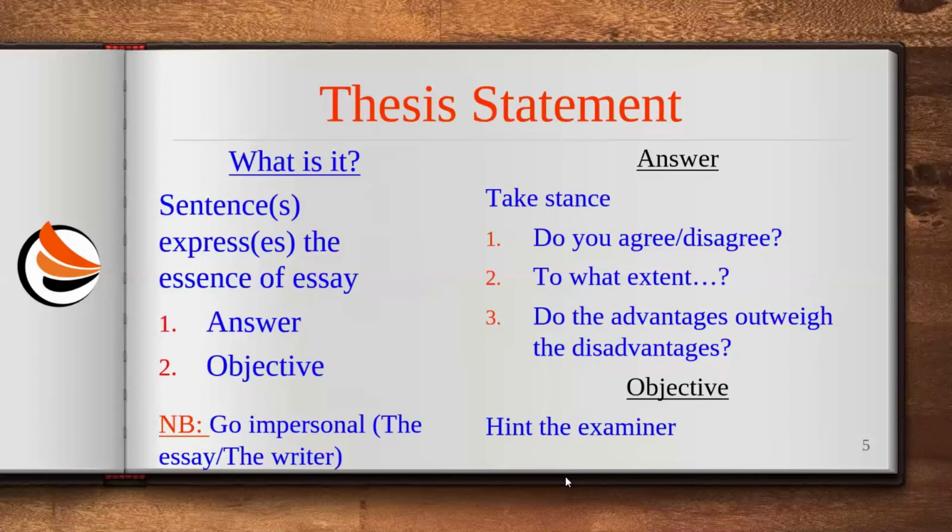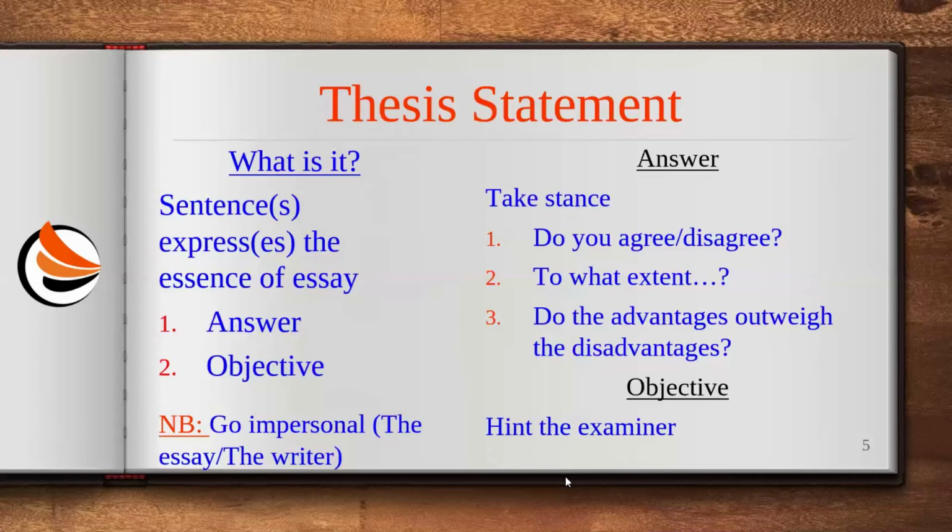So you use the essay or the writer instead of the I pronoun. So for example, if you're writing your objective, you would write, the writer would explore the merits and demerits of teaching and learning, if the question is asking you to look at the advantages and the disadvantages of education.